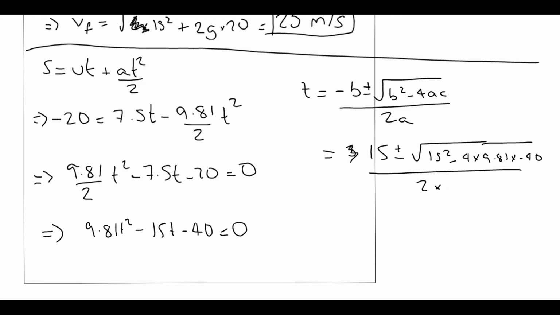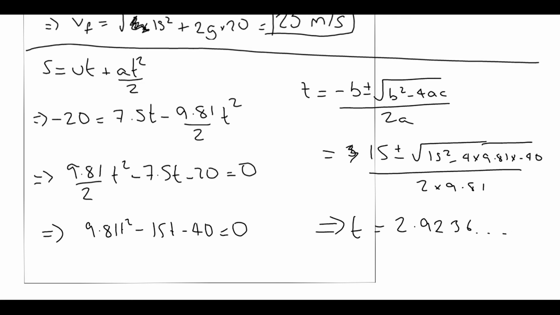Now one of those solutions gives you a complete nonsense answer, but the sensible answer you can get out of this is t is 2.9236, and so on.